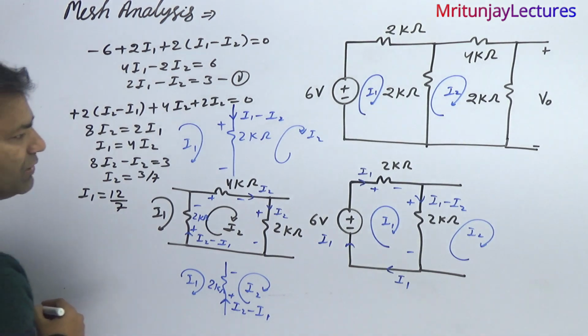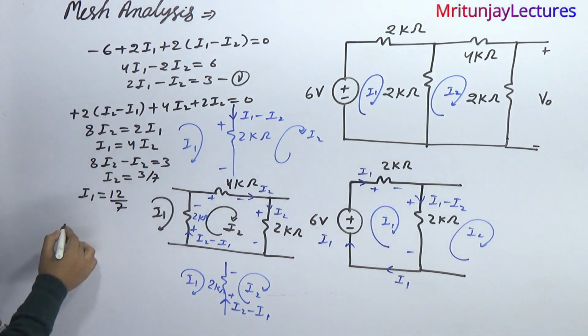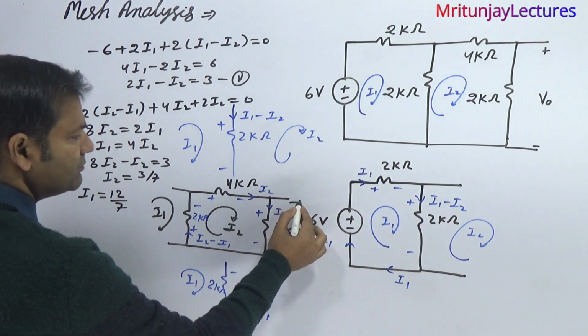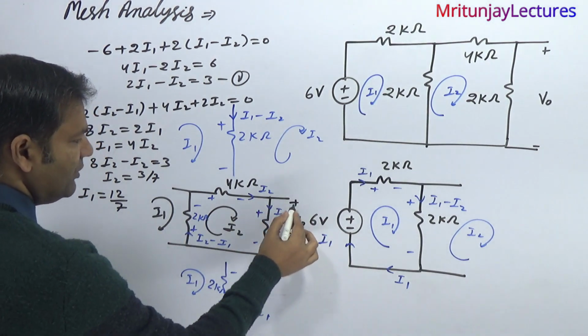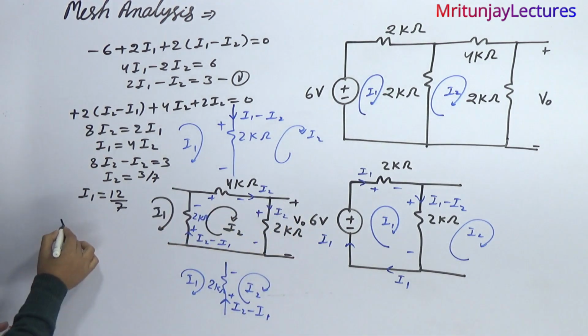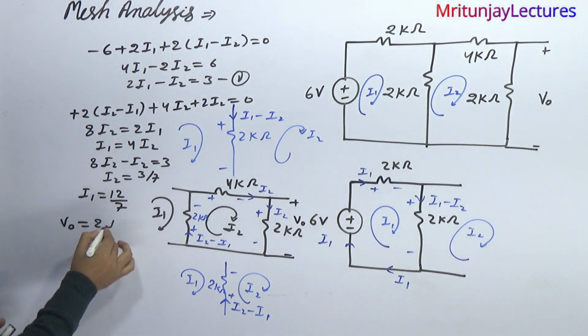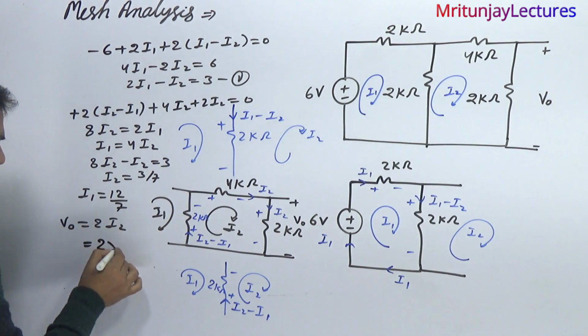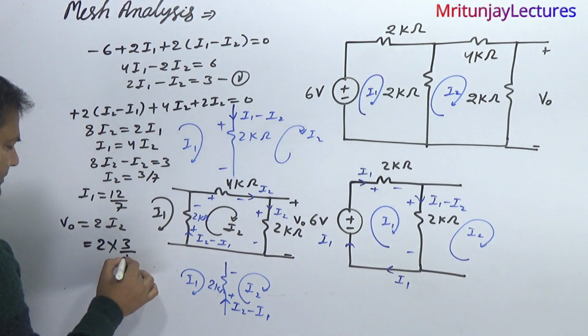But our motto is to determine V naught. V naught is here, V naught is I2 into 2. V naught is equal to 2 into I2, so 2 into 3 by 7.